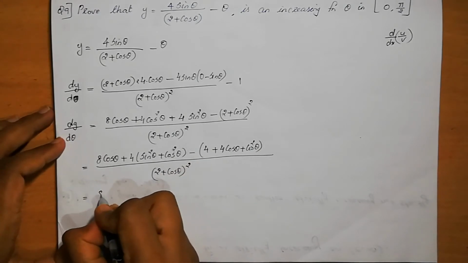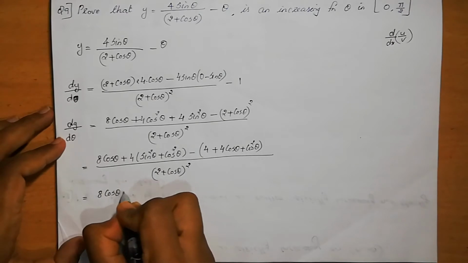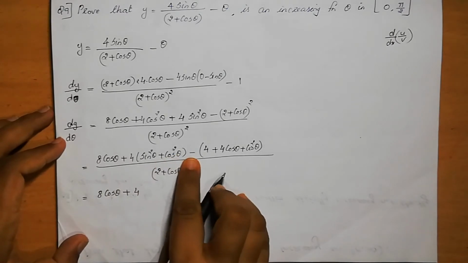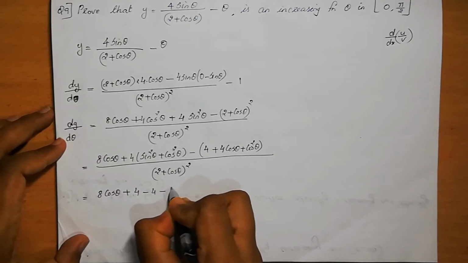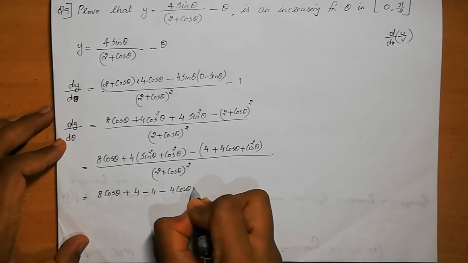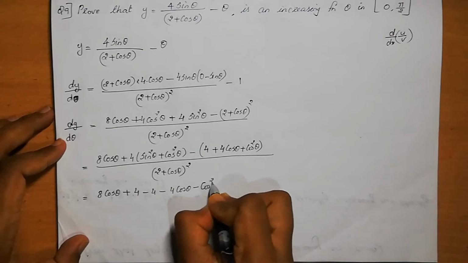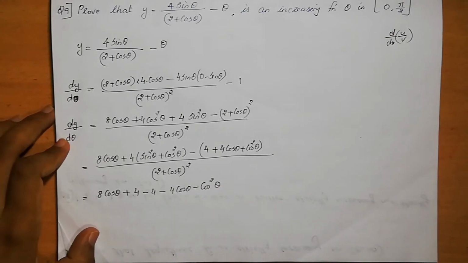So this becomes 8 cos theta plus 4 into sin square theta plus cos square theta is 1. Open the bracket means minus 4 cos theta minus cos square theta. Minus cos square theta we can write.